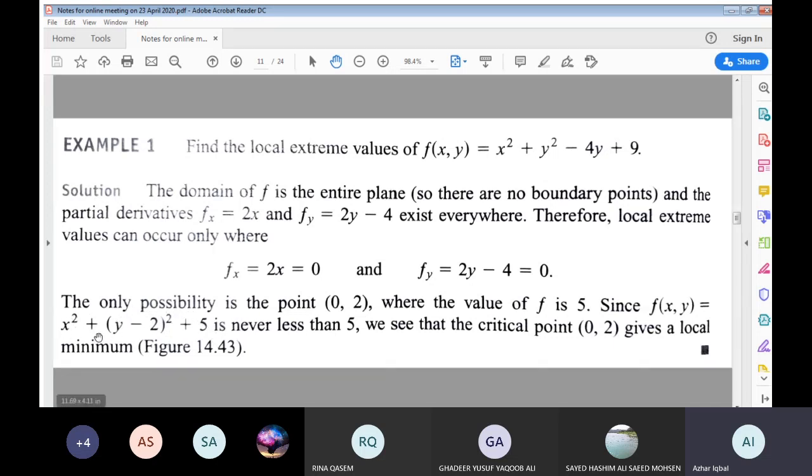The value of the function is never less than 5, because the minimum value these two parts can obtain is 0. So the minimum of this function is 5. We see that the critical point is a local minimum, because the function is never less than 5.